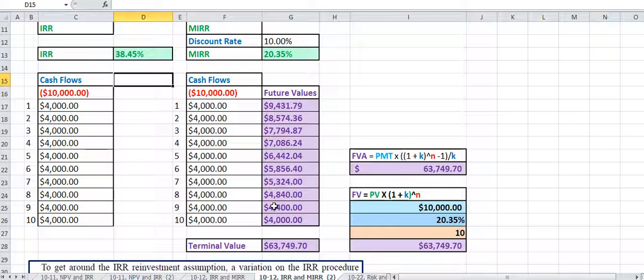So what you're seeing right here is the same cash flows, and then in the purple I put in future value formulas, which I've done separately for each one. You can see that the future value of 4,000 that's invested in year one and earns 10% all the way through is going to be much higher than the future value of a later payment.